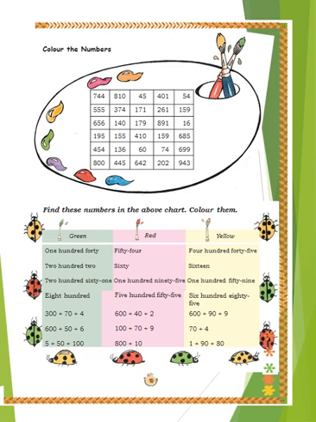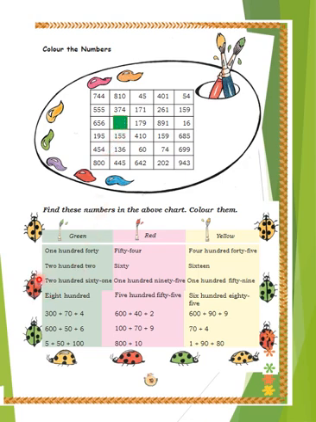Come to page number 19. Color the numbers. Find these numbers in the above chart and color them. The first given column is column green. The first number is 140. Search the number 140 in the above given chart and color it with green.